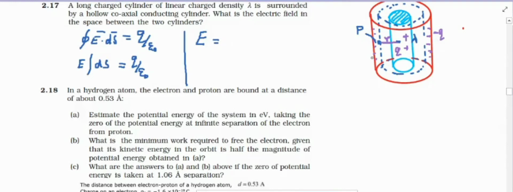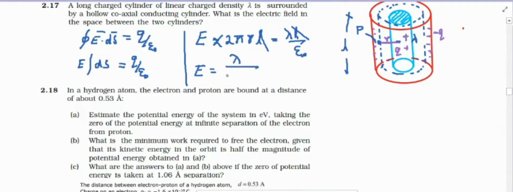If r is the radius and L is the length of the cylinder, the area of the curved surface will be 2 pi r L. So E into 2 pi r L is equal to Q divided by epsilon naught, but Q is equal to lambda L. L will cancel on both sides, so you will get E is equal to lambda divided by 2 pi epsilon naught r.